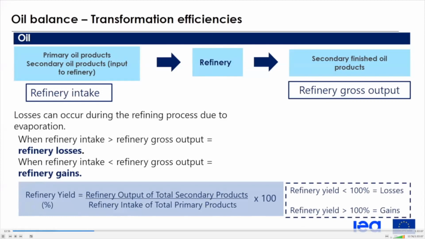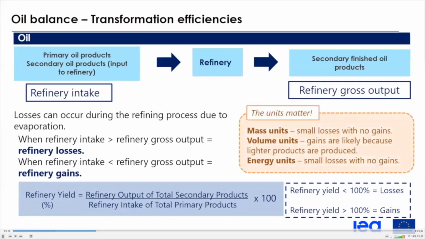So we say that there are losses in the refinery if the yield is below 100% and gains if it's above 100%. Of course, if you do this calculation, you need to have everything in the same units, and units matter in this case. Because in mass units, you would expect some small losses and no gains at all.